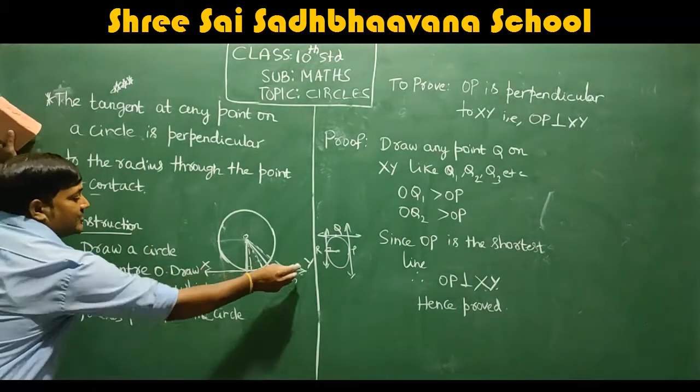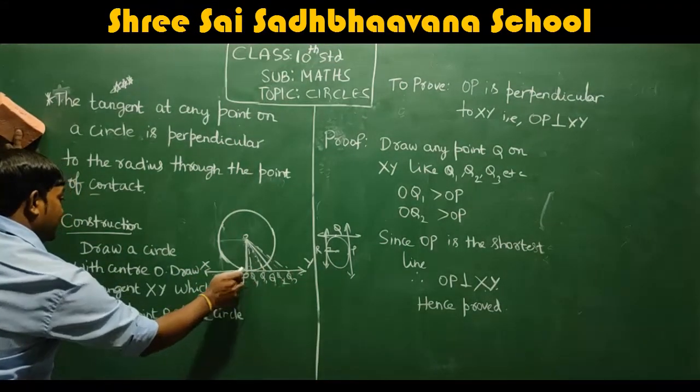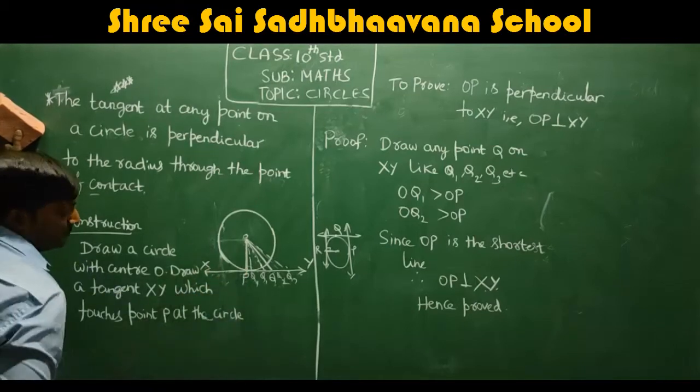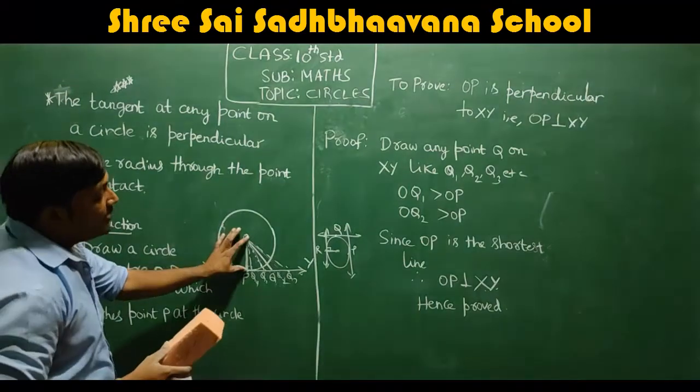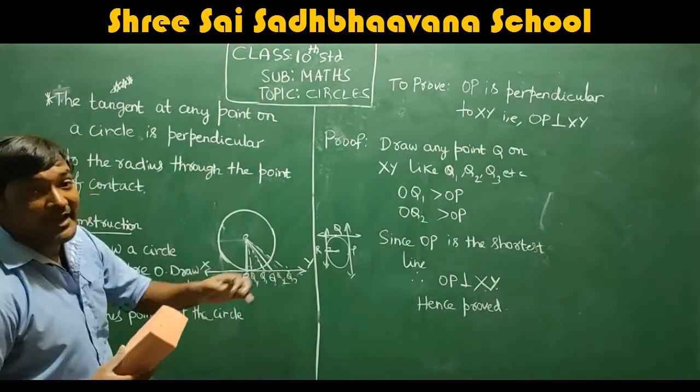So we draw a tangent XY and this tangent touches the circle at the point P. Next, what do we have to prove? We have to prove that OP is perpendicular to the tangent XY.